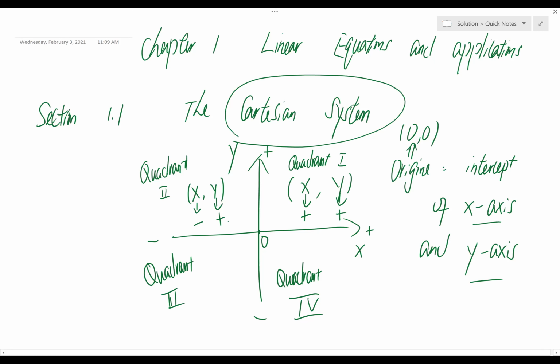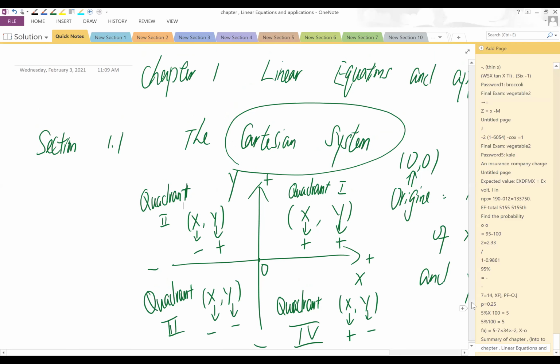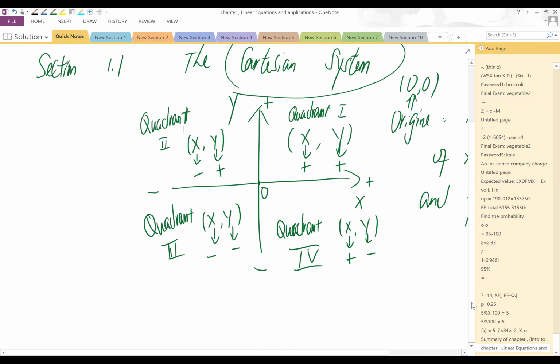Okay. In the third quadrant, both x and y are negative, right? Both x coordinate is negative, and the y coordinate is negative. In the fourth quadrant, x coordinate is positive, and then y coordinate is negative. So that actually gives us a breakdown of all 4 quadrants, right? In terms of understanding these order pairs and the relationship between the quadrant and also the order pair.